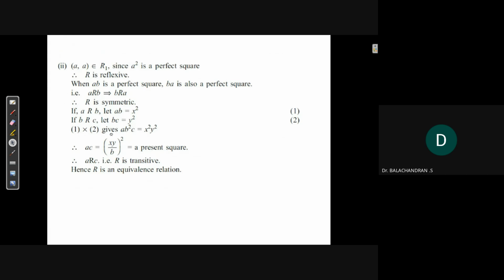I keep a and c on the left hand side, and the remaining things go to the right hand side: ac equals x square y square by b square, or (xy by b) whole square. So this is a perfect square, and hence a is related to c. So R is transitive. Hence R is an equivalence relation.